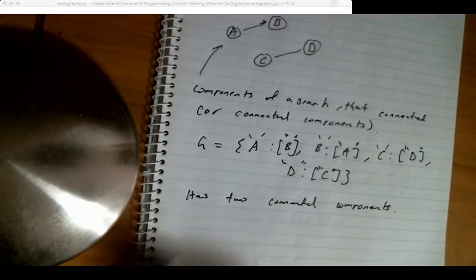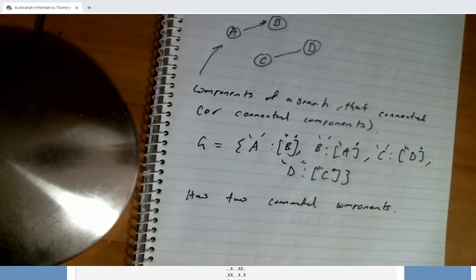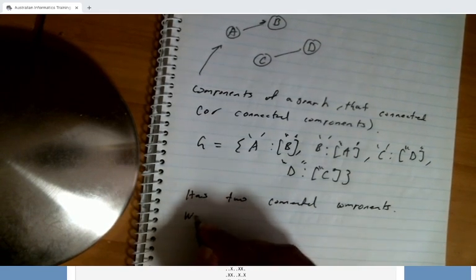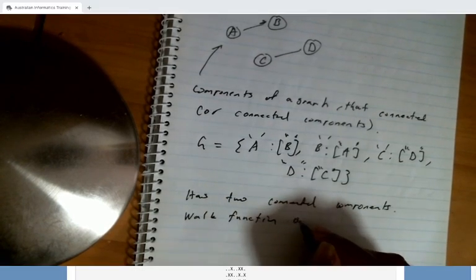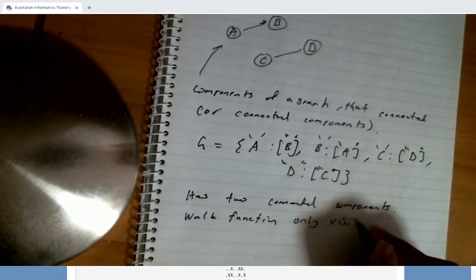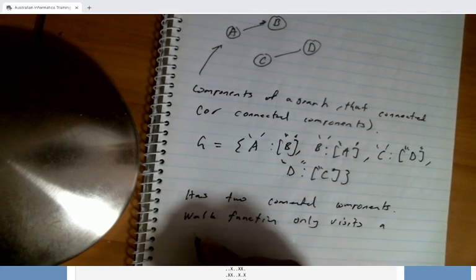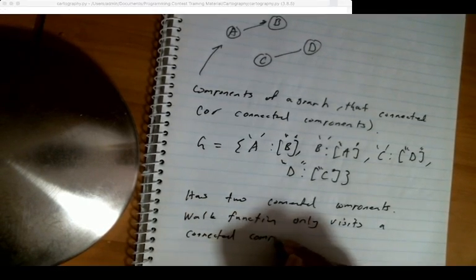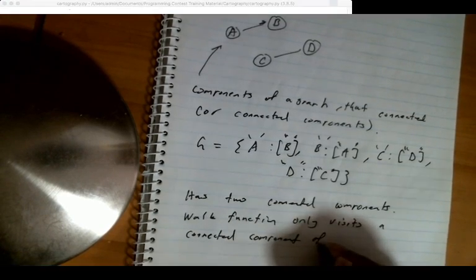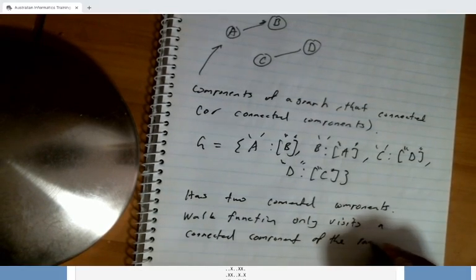So we will add B, we will visit B, and then we will stop. So the walk function only visits a connected component of the particular source node.